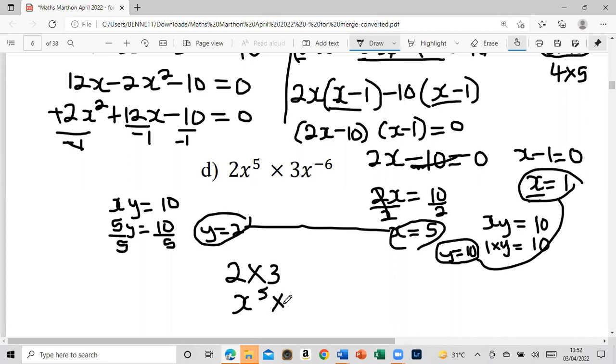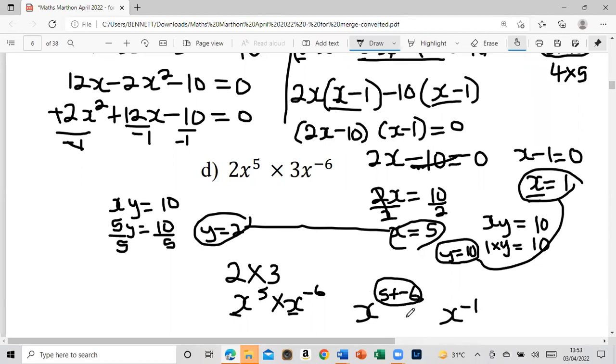Guys, watch my channel when we do this. When the base is the same, we add the powers, so it would be x to the 5 plus minus 6. What is 5 plus minus 6? Negative 1.